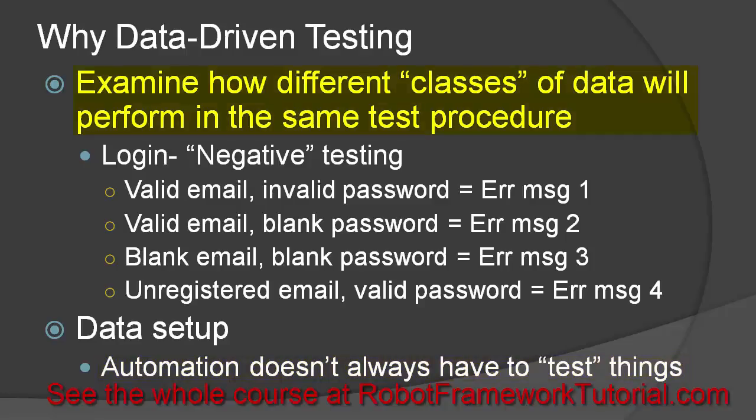So whether you're doing a testing scenario like login or verifying that different kinds of people can register, or whether you're doing data setup, understanding how Robot Framework can load up multiple rows of data from a file and process them through one test case is a great skill to have. So let's go have a demo and see how this works.